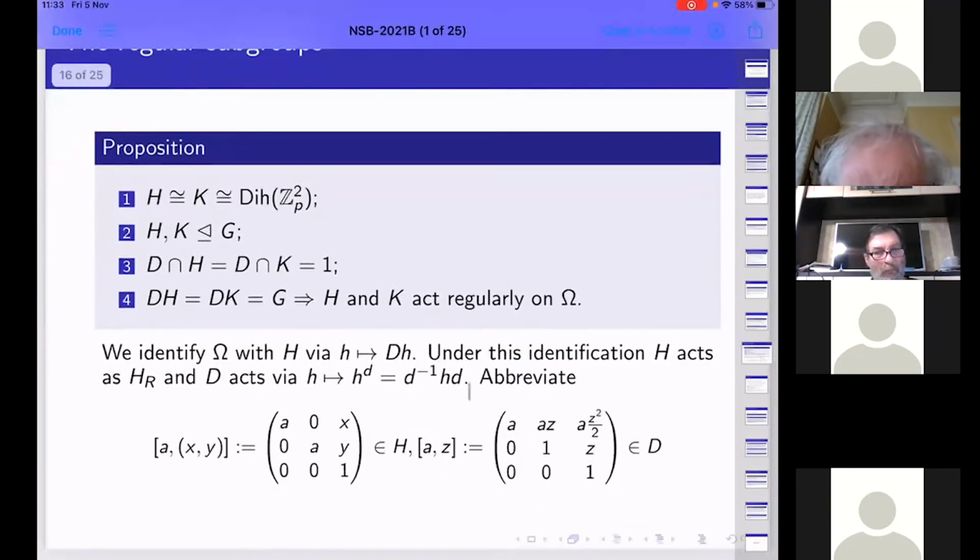So we can identify omega with H via this map.